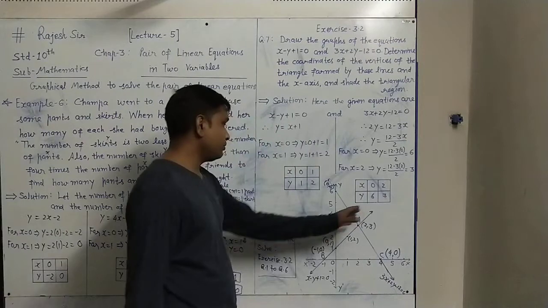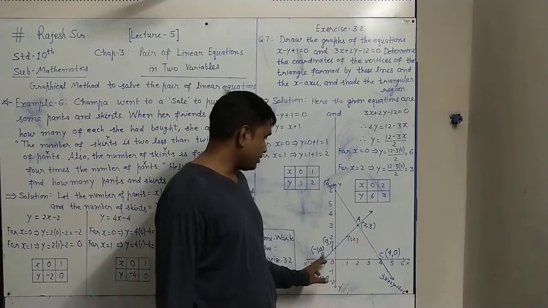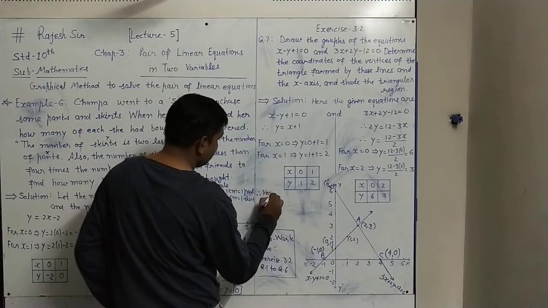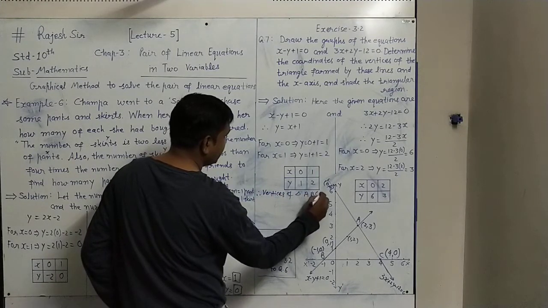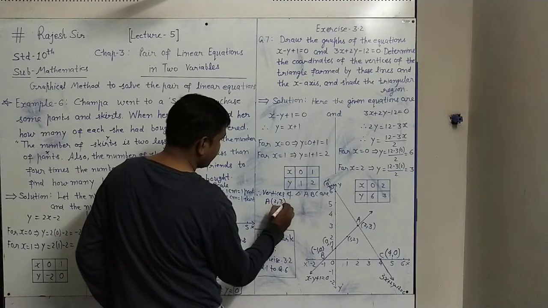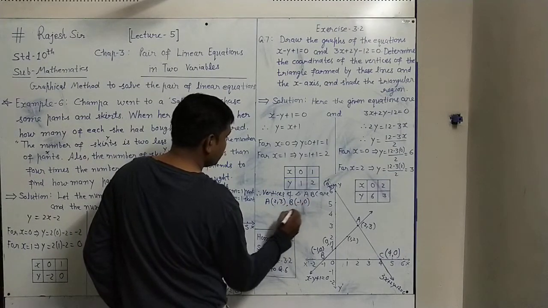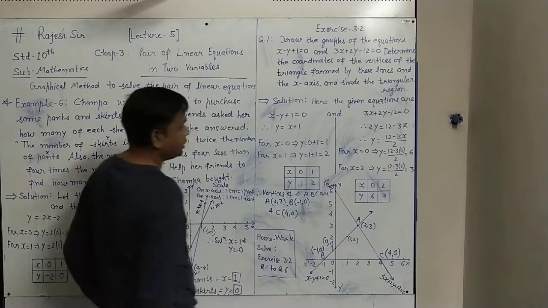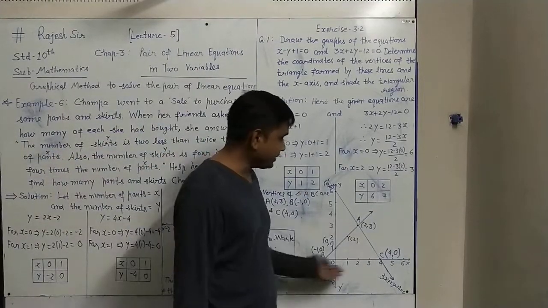So the coordinates of the vertices of triangle ABC are A (2, 3), B (minus 1, 0) and C (4, 0). Finally we can write the coordinates of the triangle formed by the 2 lines and the x-axis.